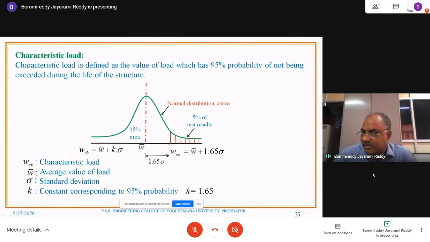The load acting on the structure must always be less than WCK. WCK refers to the characteristic strength of the load. 95% of the times during the life of the structure, the load must be less than WCK only. At the most 5% of the times, the load may be above WCK. So that means here 95% of the probability.